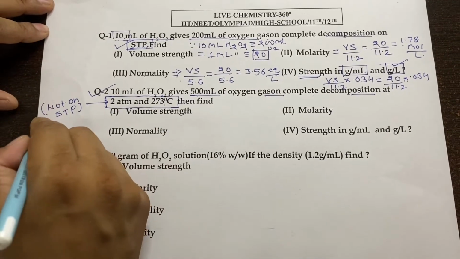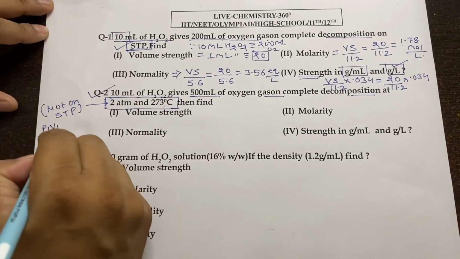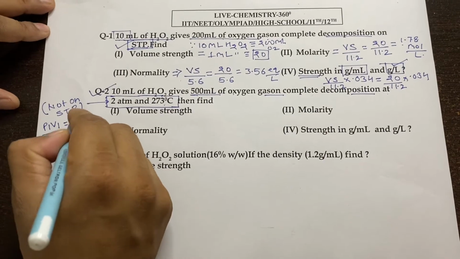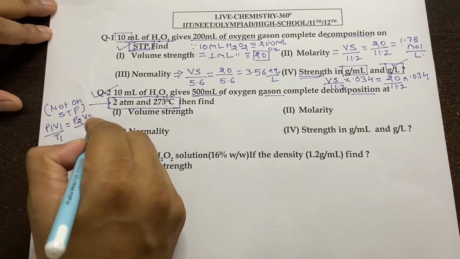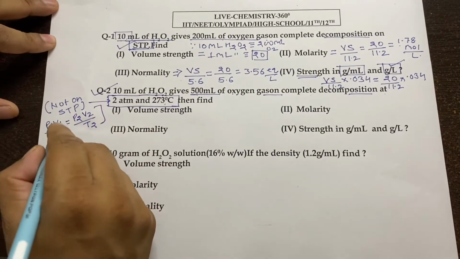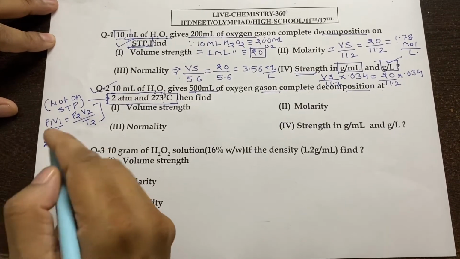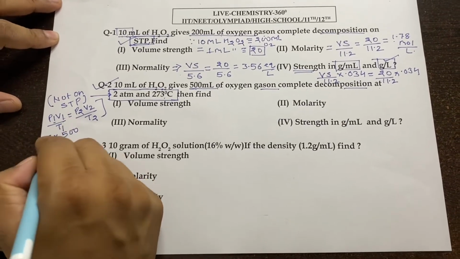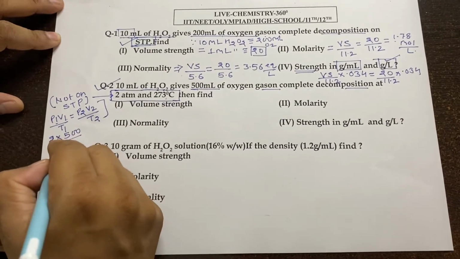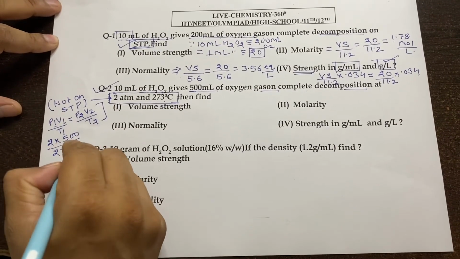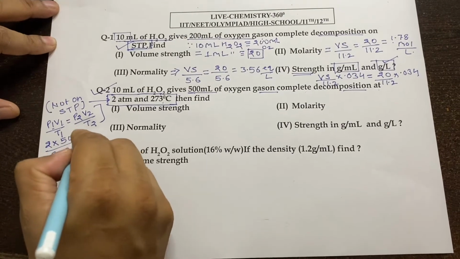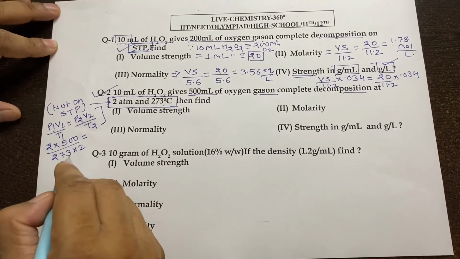So you will use this equation, P1V1 upon T1 equals P2V2 upon T2. P1 will be 2 atm, the volume is 500 ml, and the temperature is 273 degrees Celsius, meaning 546 Kelvin.